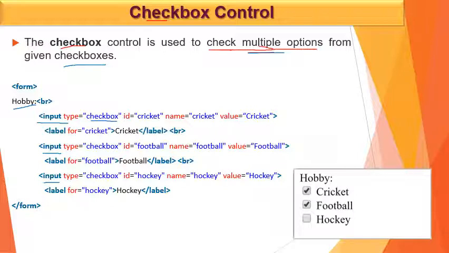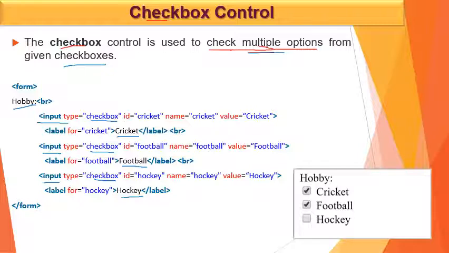In our last control, the option button, only one option is given here in type. So three checkboxes are given here, and the labels are given as cricket, then football, and then hockey.